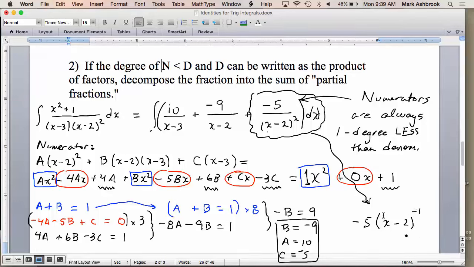But if we were to take the derivative of that, we would get positive 5 times x minus 2 to the minus 2. So then we need to take the opposite of it. Get rid of the negative, and now the derivative of that is negative 5 times x minus 2 to the minus 2. So you've got the first two.